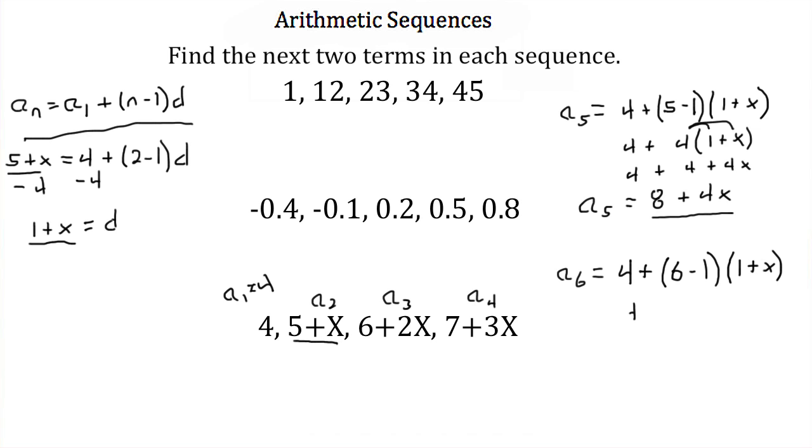So this is 4 plus 5 times 1 plus x. Carry the 5 in, so you'll get 4 plus 5 plus 5x. So our sixth term is equal to 9 plus 5x.